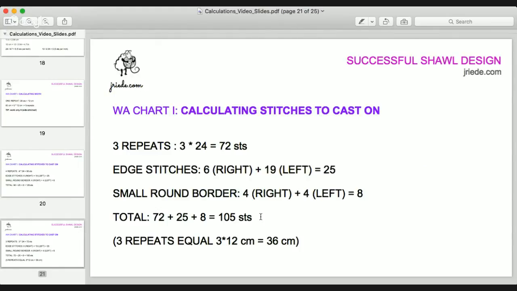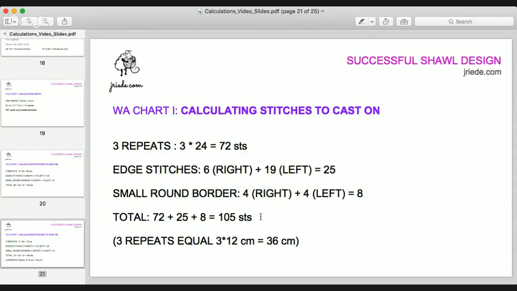If we would work just 3 repeats and not 4, we would achieve 3 times 24 stitches, or 72 stitches, and the rest would stay the same. We got the same amount of edge stitches and the same amount of small round border stitches. So our total number of stitches to cast on if we were working 3 repeats instead of 4 would be 72 plus 25 plus 8 equals 105 stitches.